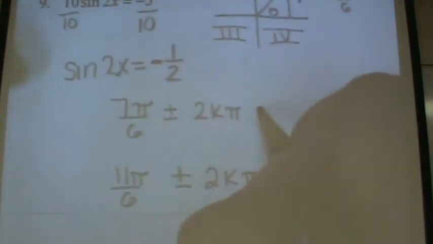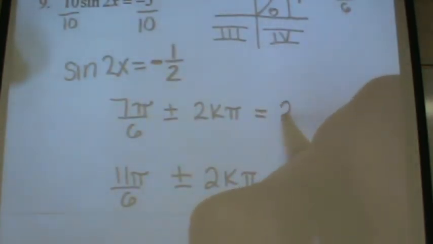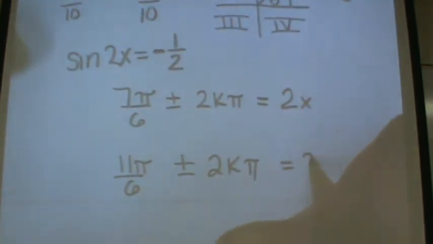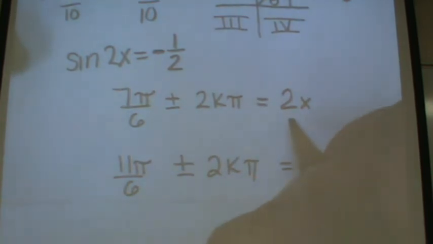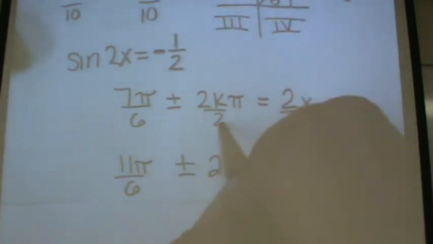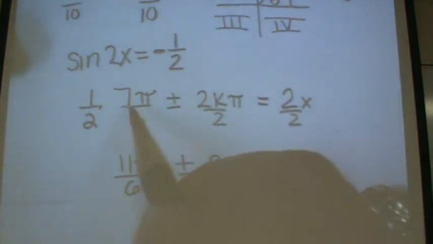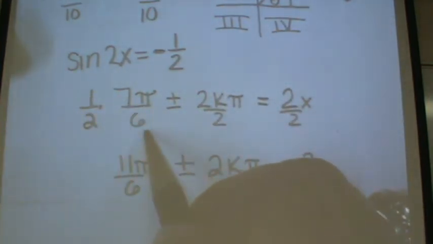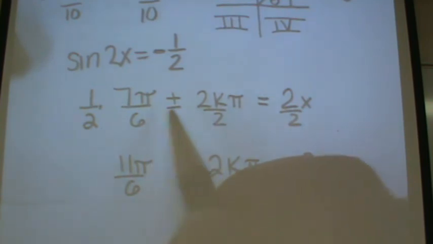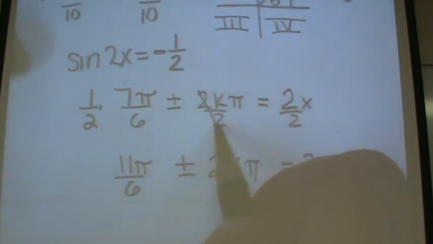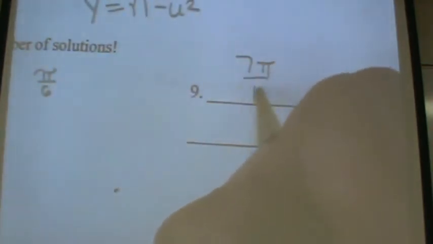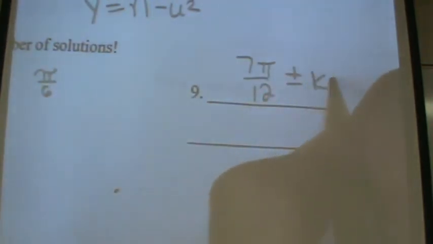Now, these are not the answer. What do you have to do? Set them equal to 2x. And do what? So what's this real answer? 7 pi over 12 plus or minus k pi.